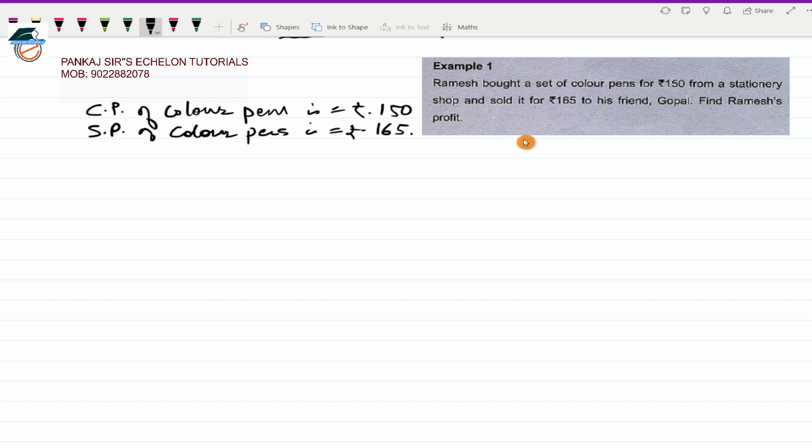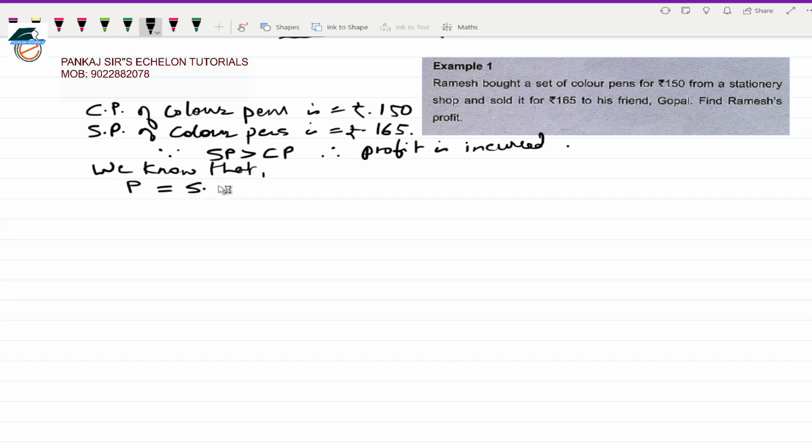Now find Ramesh's profit. Now what is the profit made by Ramesh? Now selling price, since selling price is greater than cost price, therefore profit is incurred. Okay, now how much profit is incurred, that we will calculate. We know that profit is equal to, P stands for profit.